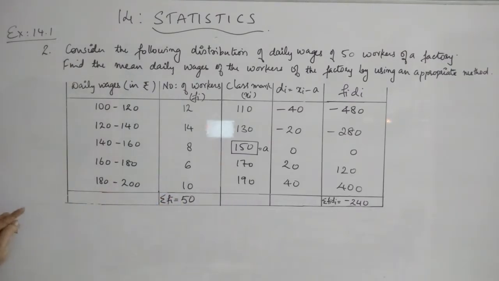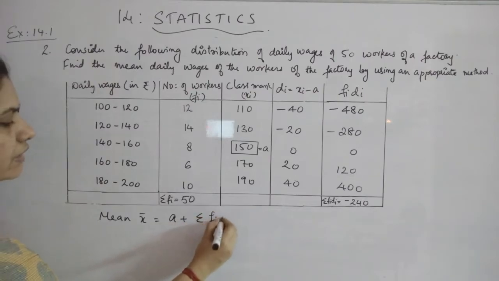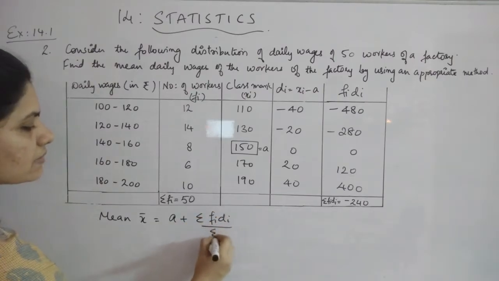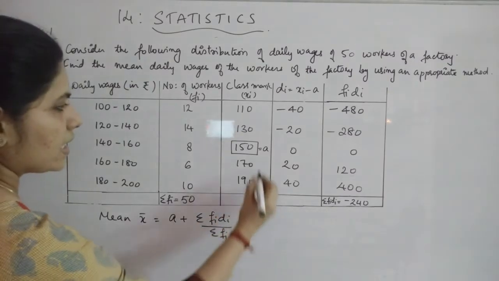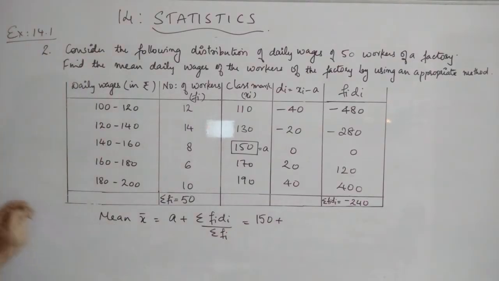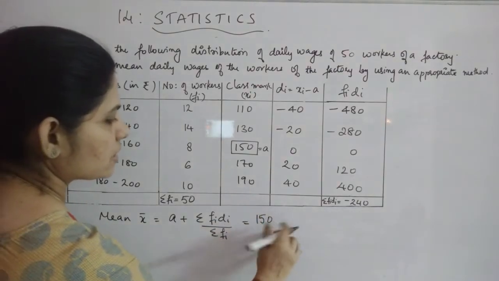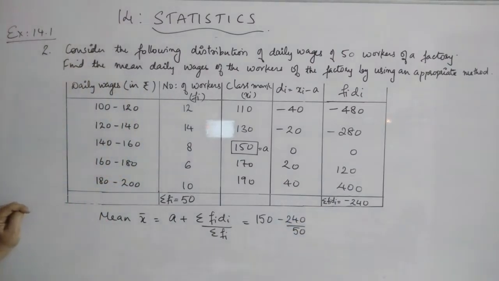Now you have to find out x bar, the mean. This is the assumed mean method, so x bar is equal to A plus sigma Fi di divided by sigma Fi. Replacing the values, A is 150 plus sigma Fi di, which is minus 240, divided by 50.